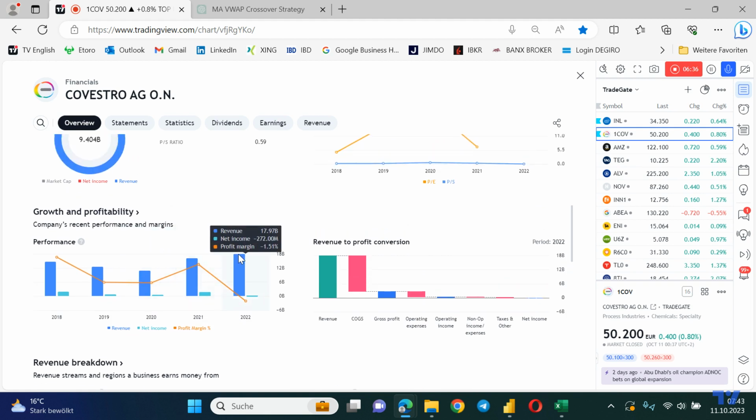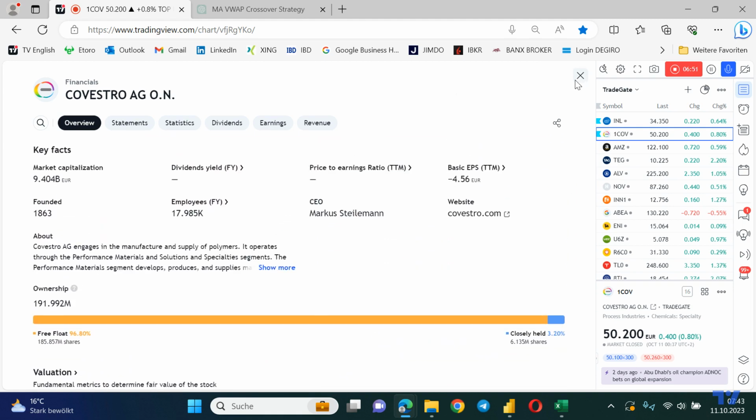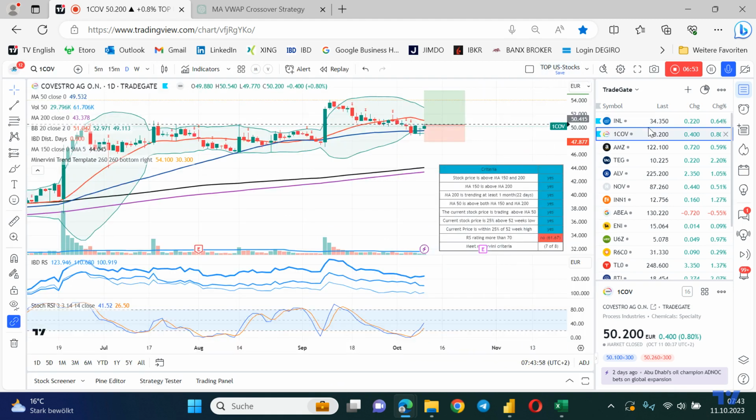Covestro even could increase their revenue over the last 2 or 3 years. Profit margin is down within the current business downturn, but that's kind of okay. So also the financials look reasonably good. So that's what we're going to work with today. Now it's a small number. We only will consider to open additional trades for Intel and Covestro in case these alarms are triggered.